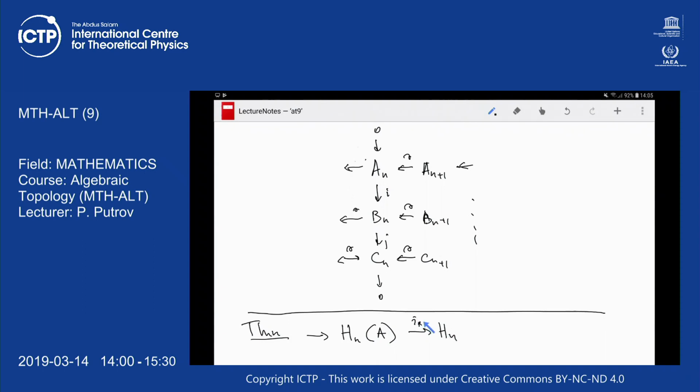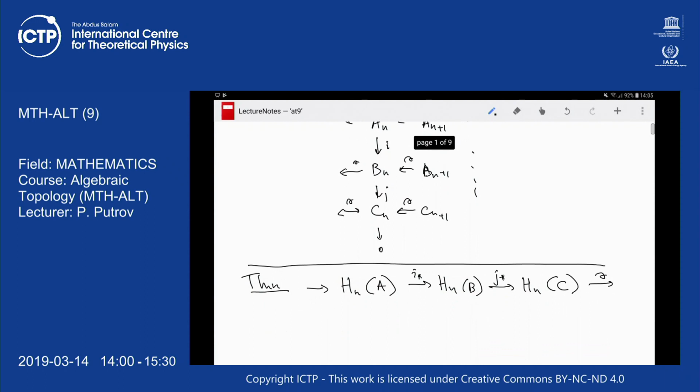This is a map induced by I, and then there will be a map induced by J, and then a map which we defined before, which we denote by D, and then we will repeat, but with n changed to n minus 1. So the theorem is that this is a long exact sequence.